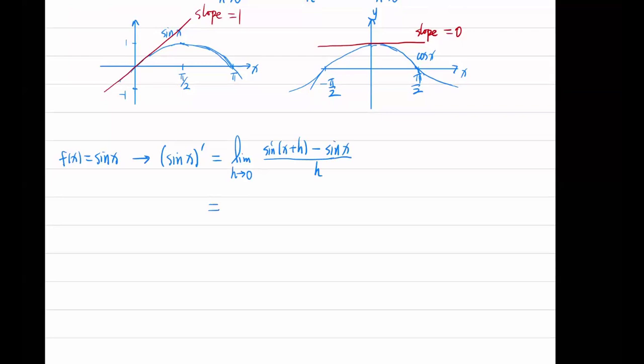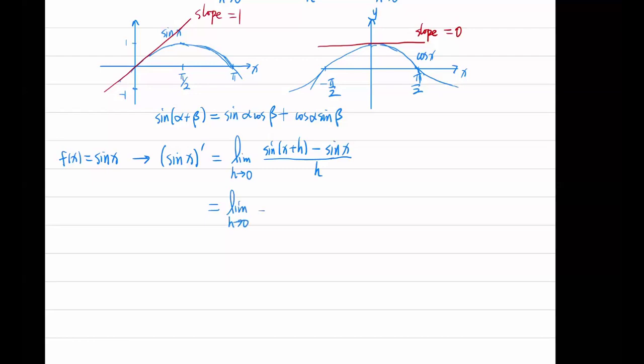Now how do we take this limit? This involves one of the formulas we had at the very beginning. Let's recall the formula for sine of alpha plus beta, the angle addition formula. Do you remember that one? Sine alpha cosine beta plus cosine alpha sine beta.